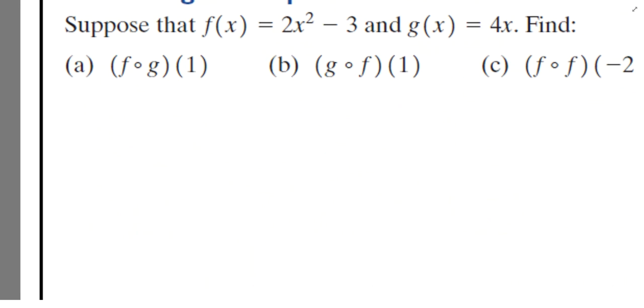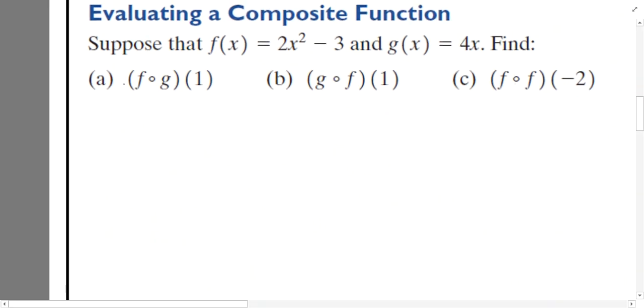And this should be familiar. I'm certain you've seen this at one point in the past. If instead of starting with the number 1, let's say we start with the letter x here, f composed with g at x. What that means is we start with the leftmost equation, that's our outer function, and then we insert our rightmost equation, our inner function. So I'm going to say that this is equal to something down here.